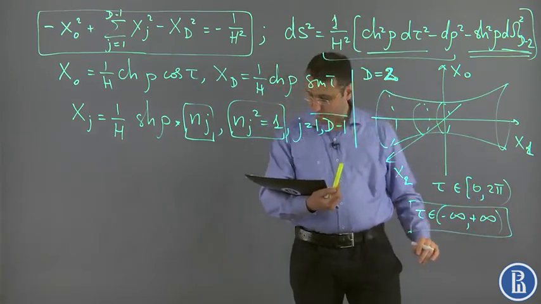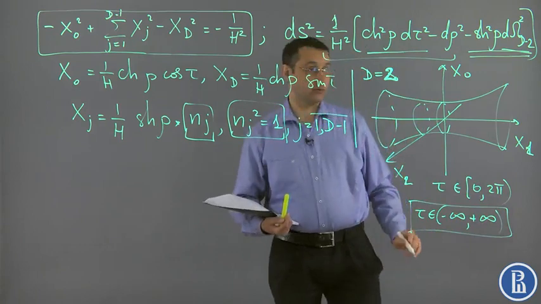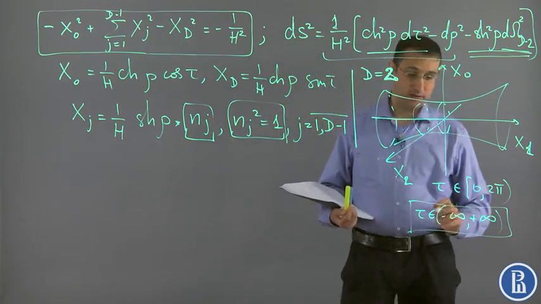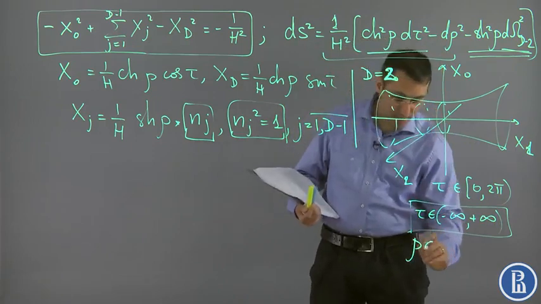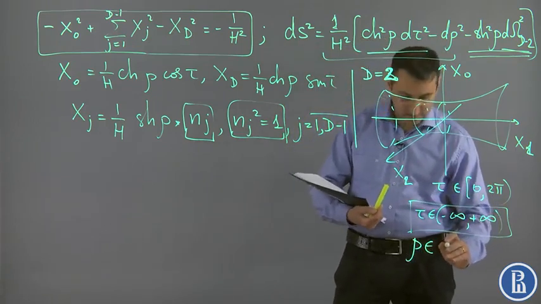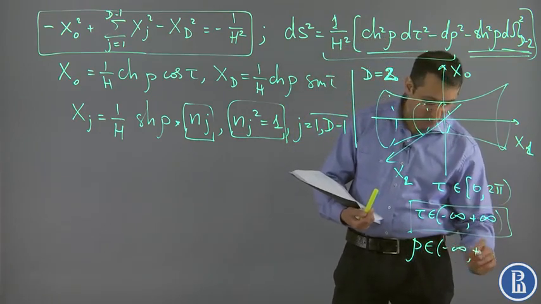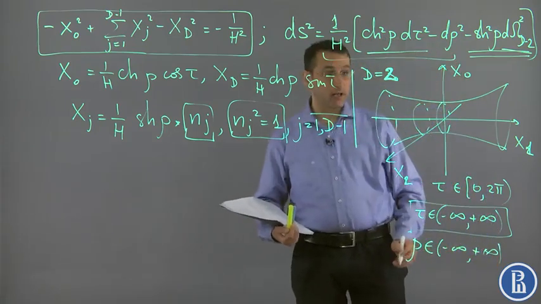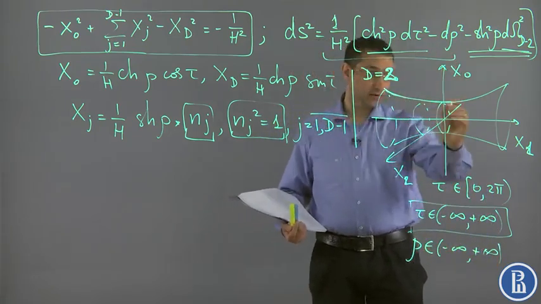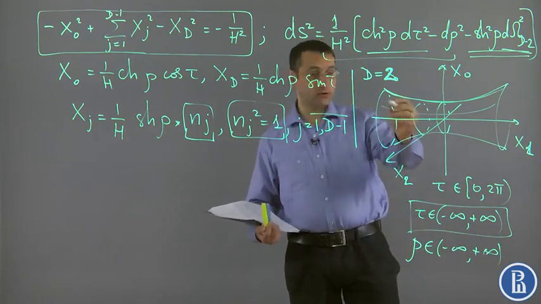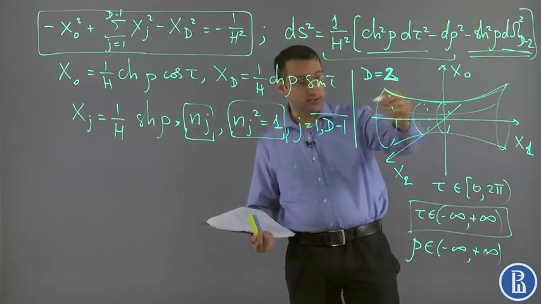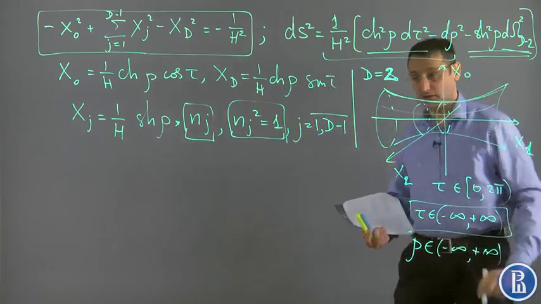One more comment: in two-dimensional anti-de Sitter space, rho ranges from minus infinity to plus infinity, and a constant tau slice is just a hyperbola, one of the hyperbolas lying on this hyperboloid, and two-dimensional anti-de Sitter space has two boundaries, here and here.